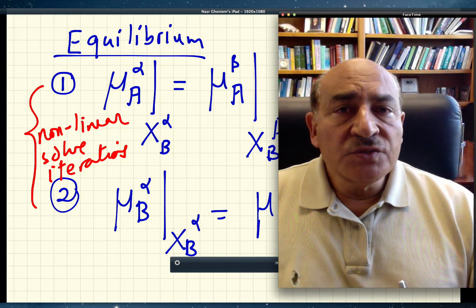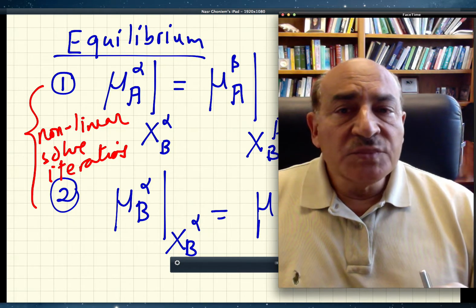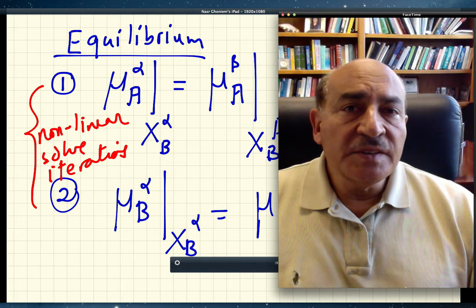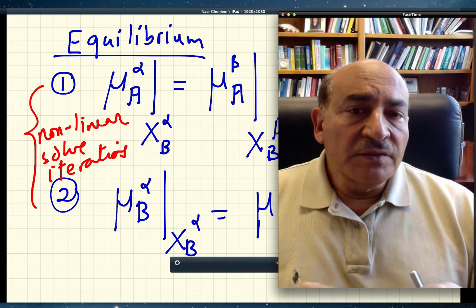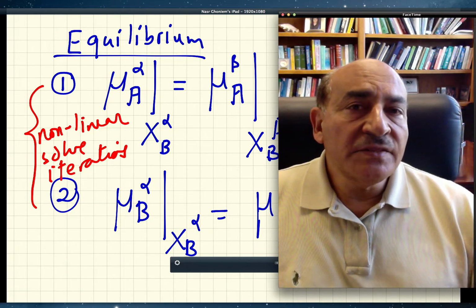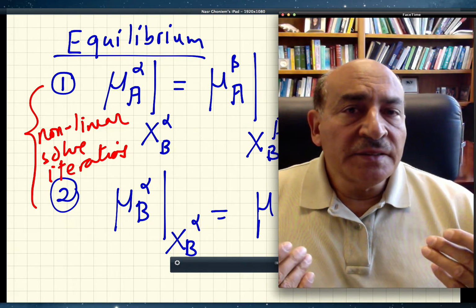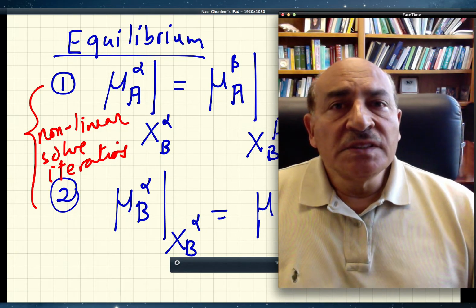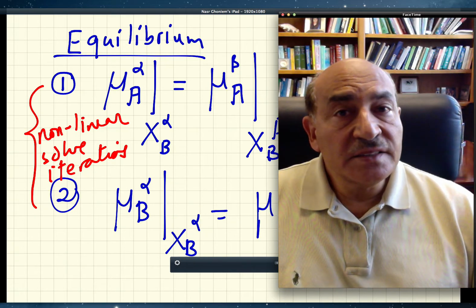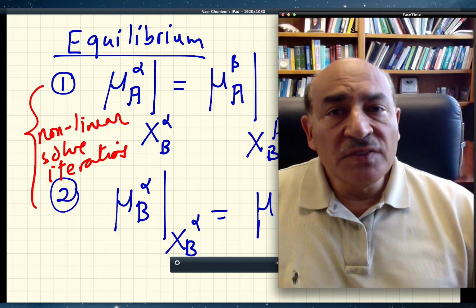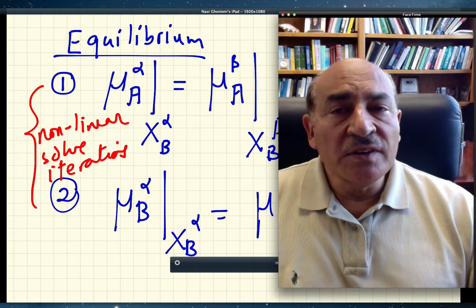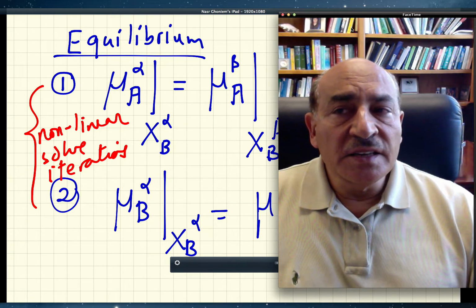In case we have to do it numerically, we just set up two equations and two unknowns, and the two equations are for the chemical potential of each element separately in the alpha and the beta phase separately. And chemical potential has the Gibbs free energy, and it also has the gradient of the Gibbs free energy. So these will be functions of the concentrations, and then we would have to solve these simultaneously together.